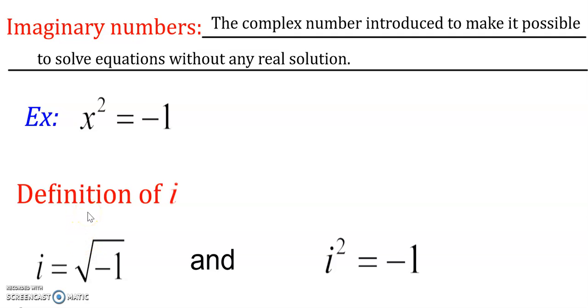What you have to memorize, though, is anytime we get i squared, so for example, you get an i times an i, that is going to result in -1. And you're going to have to memorize that as we go along. So the next slide is where we're going to practice that at first, and then you'll see where the definition of i equaling the square root of -1 comes into play.